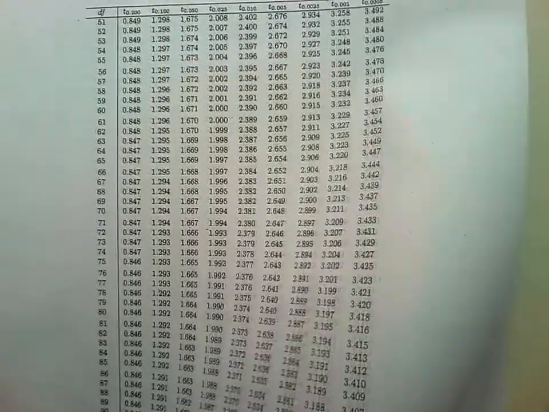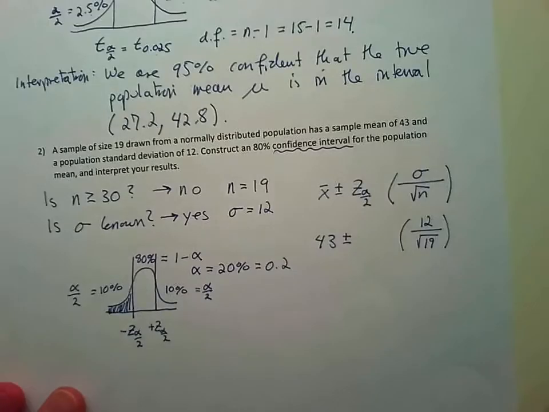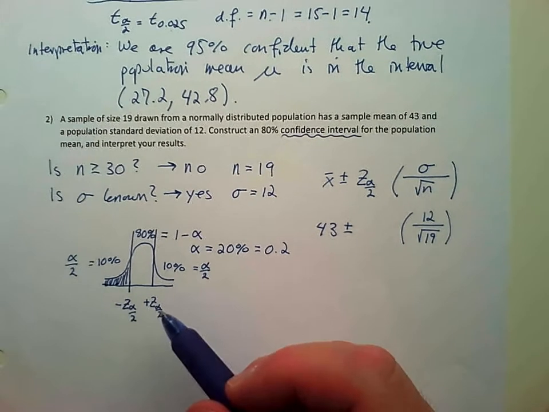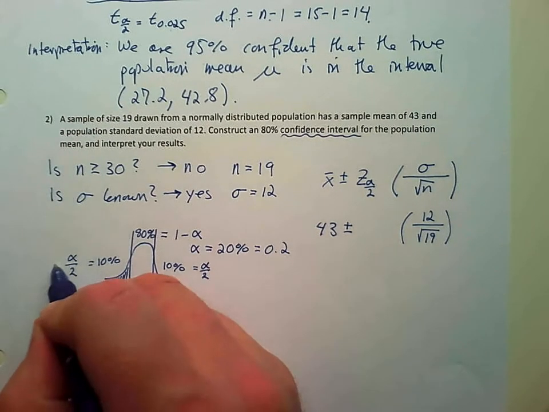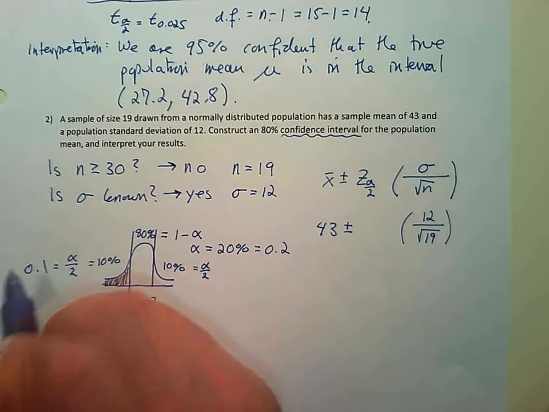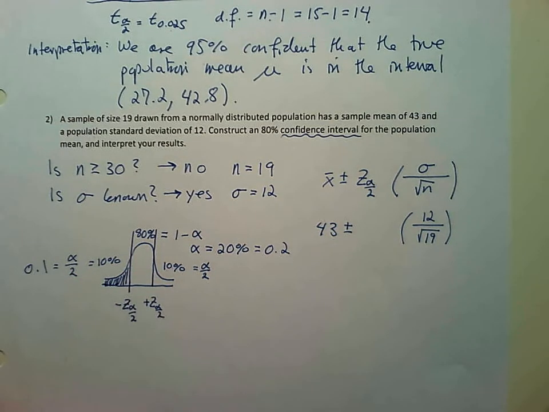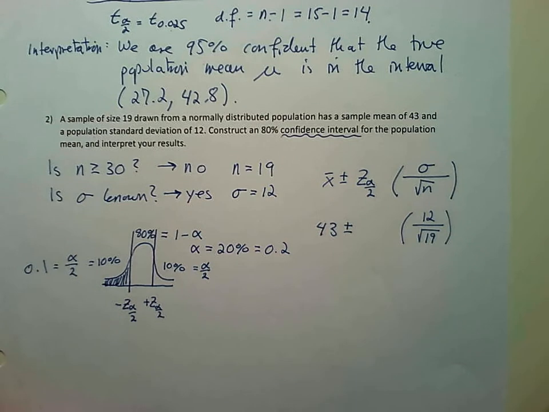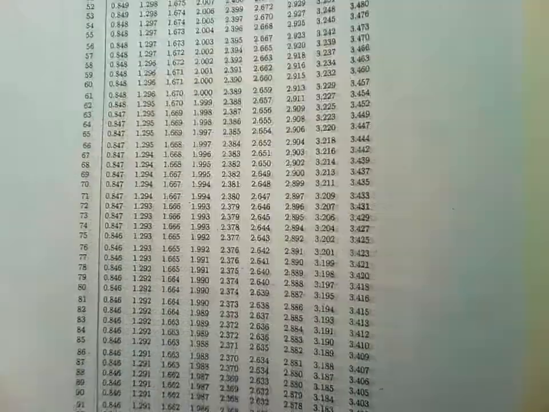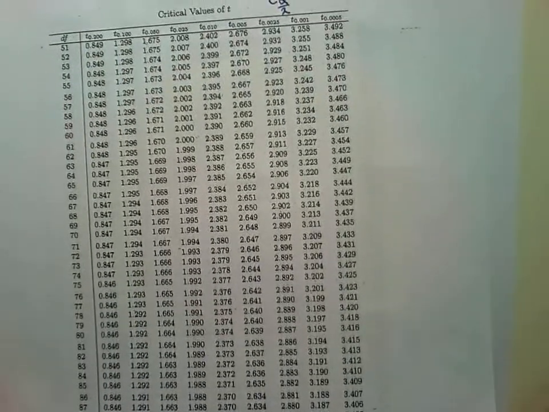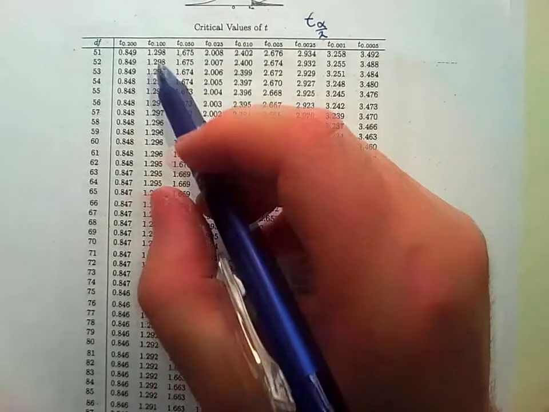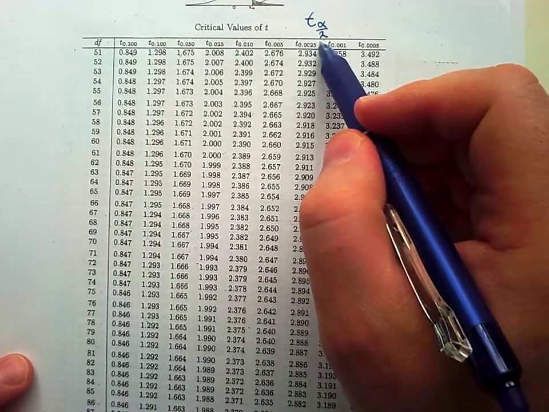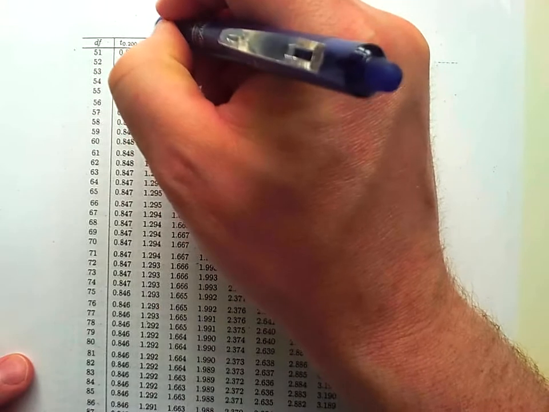So let's go back to the problem that we're working on. Here we said that our alpha divided by 2 was equal to 10%, which is the same thing as 0.1. So if our alpha divided by 2 is equal to 0.1, what we can now do is go to our t table and find the column that has the alpha divided by 2 of 0.1.